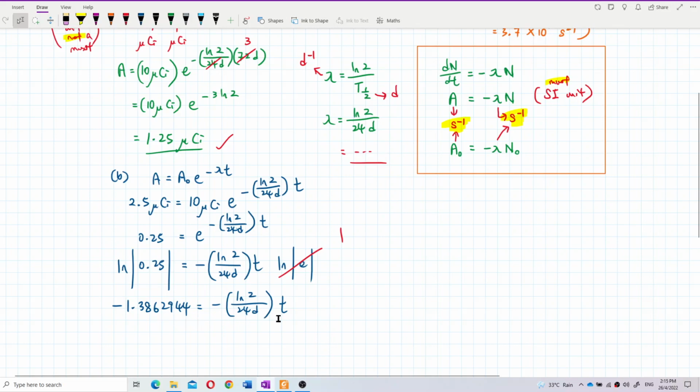Then multiply by 24 days, and then divide by ln 2.